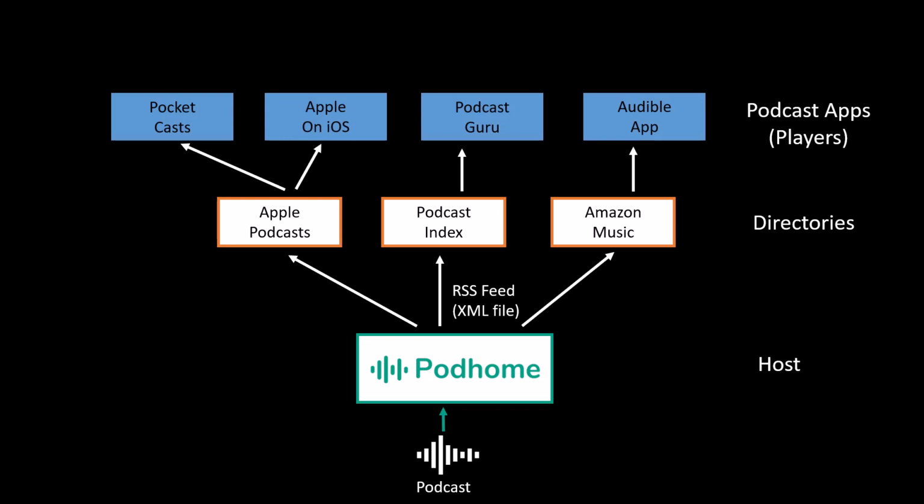So a lot of podcast player apps use Apple Podcasts as their directory, and they get all of their shows from there. So when you search on a player app, they search in Apple Podcasts, and then you can play your episodes from there. Other player apps look in different podcast directories, like the open source Podcast Index, for instance, or Amazon Music, or Spotify, or something else.